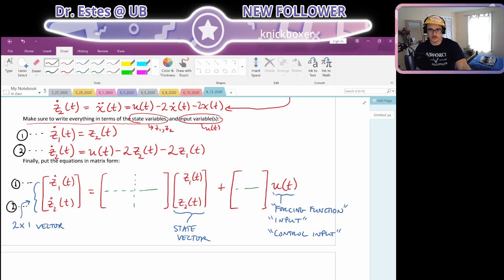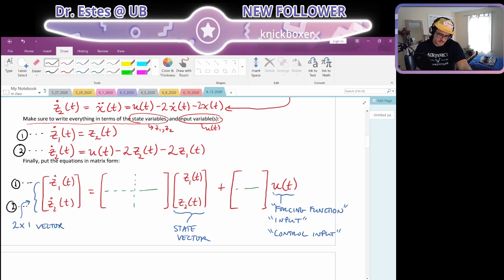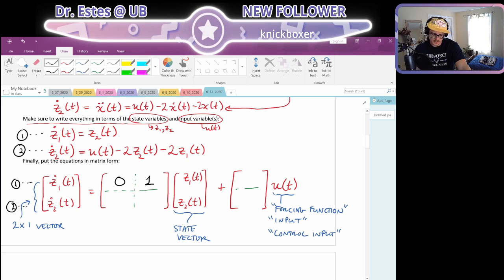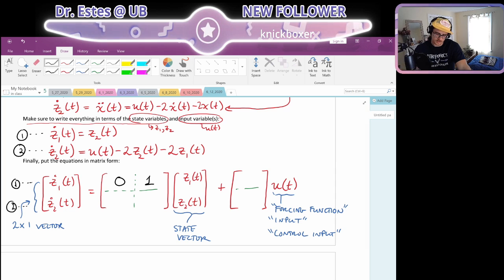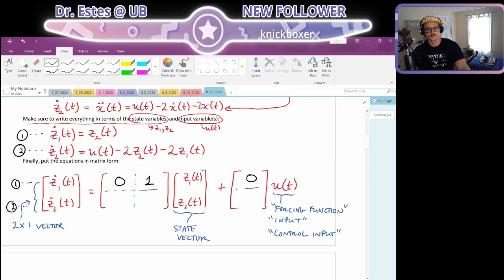From equation 1, I know Z1 dot is equal to Z2. So here in the matrix, I'm going to have Z1 dot is 0 times Z1 plus 1 times Z2. And Z1 dot doesn't depend on U. It just depends on Z2, so I put a 0 there.